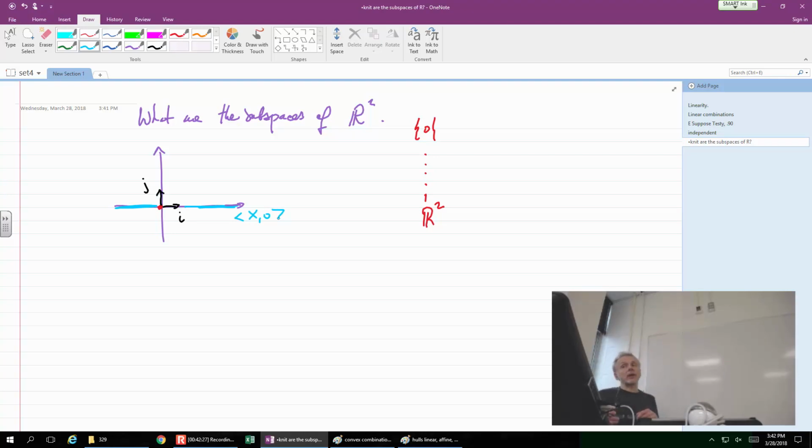If you take a bunch of these vectors and start adding them together, subtracting, multiplying by a constant, what's going to happen? The second component won't change. It will still be 0. So (x, 0) plus (x', 0) is still equal to (x + x', 0).